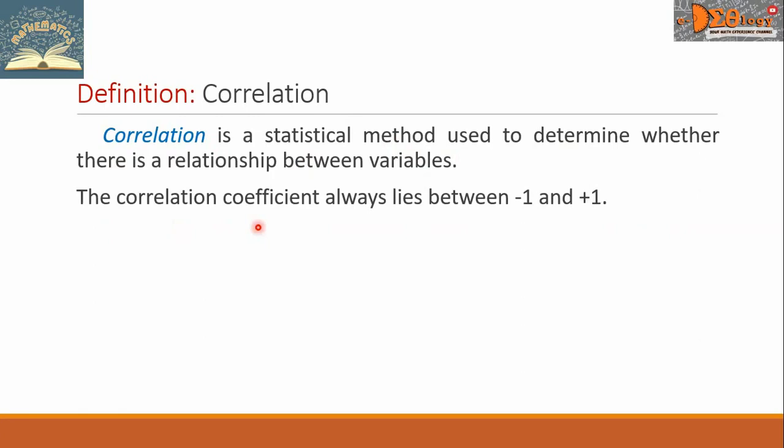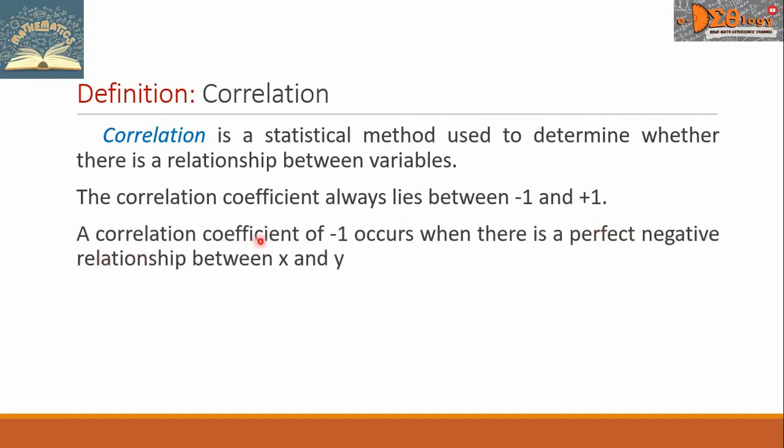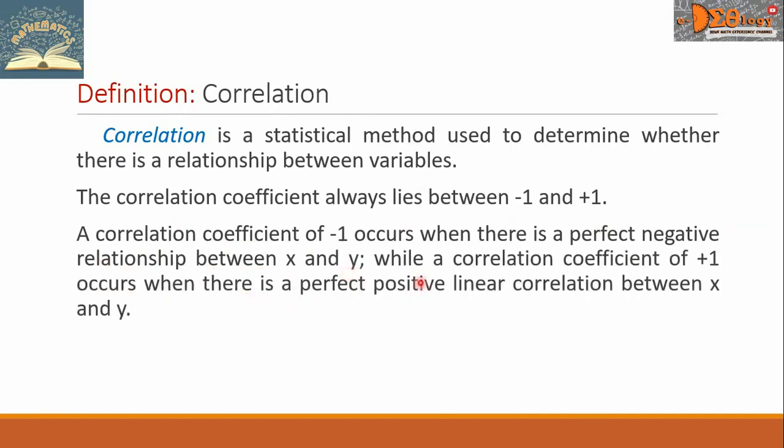The correlation coefficient always lies between -1 and +1. A correlation coefficient of -1 occurs when there is a perfect negative relationship between x and y, while a correlation coefficient of +1 occurs when there is a perfect positive linear correlation between x and y.